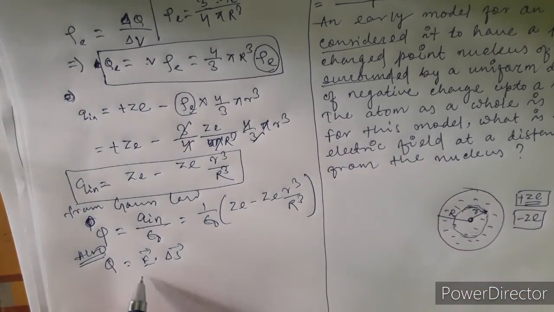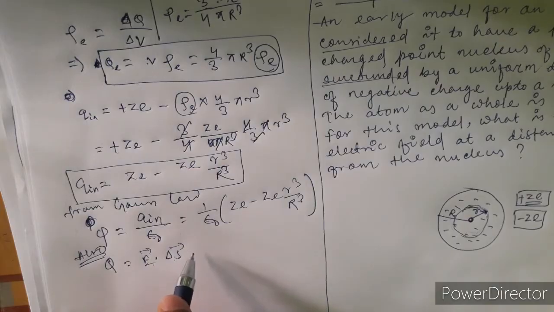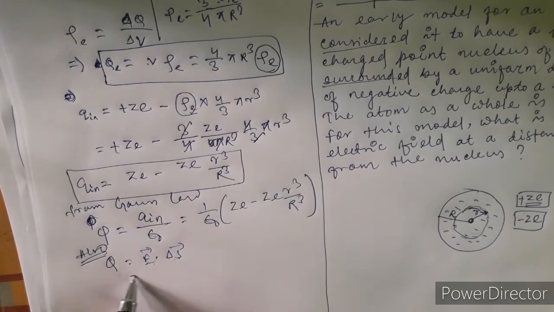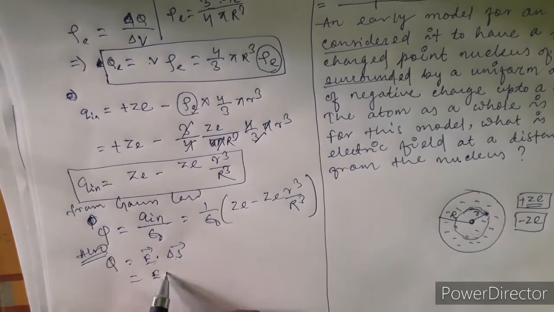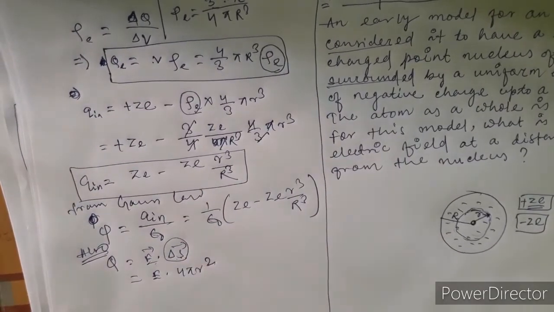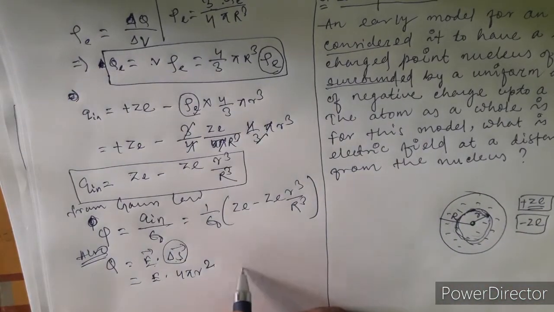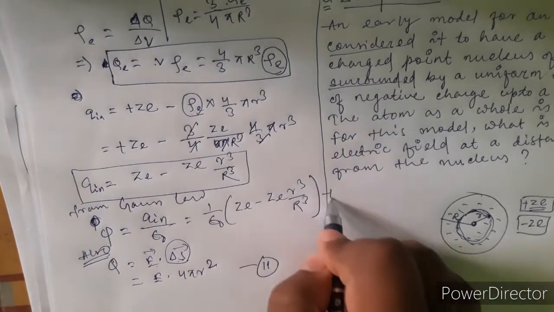So flux linked with this small surface is E dot del S, E magnitude del S magnitude cos theta. So here cos theta will be what? 0. So we will just write E into del S, which is 4 pi r square, the surface area of this Gaussian surface. This is equation 2, this is equation 1.